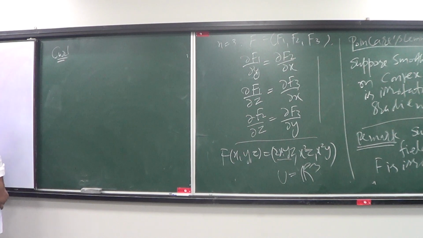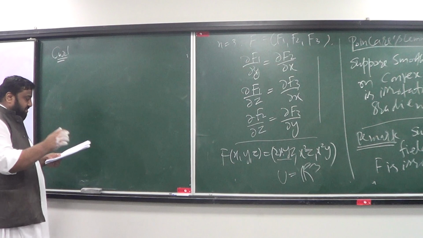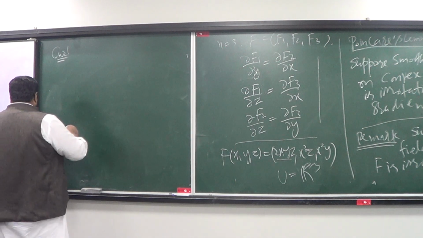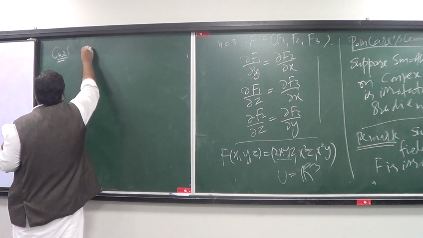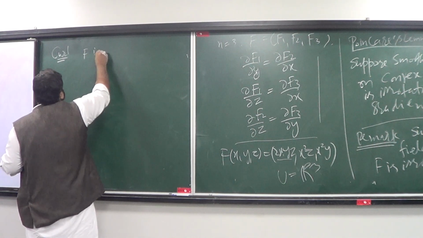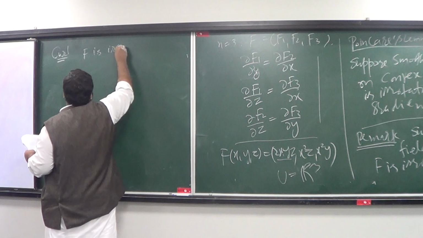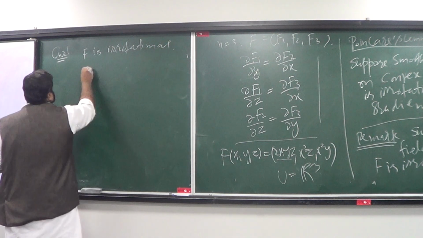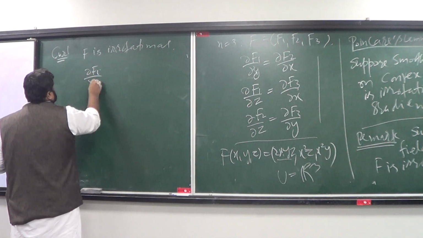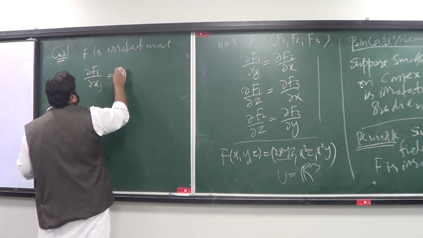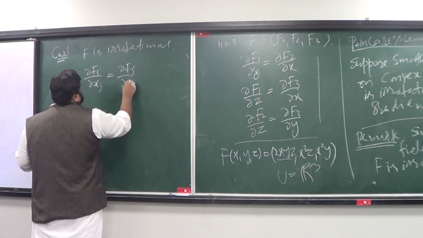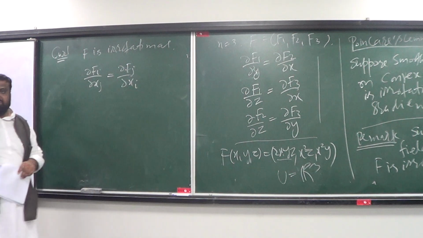But why is the curl like that actually? Let's think about it. I know that if f is irrotational, then this must be true: partial fi by partial xj is partial fj by partial xi, right?